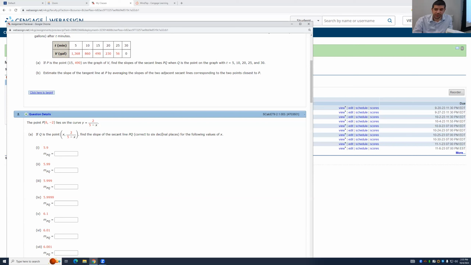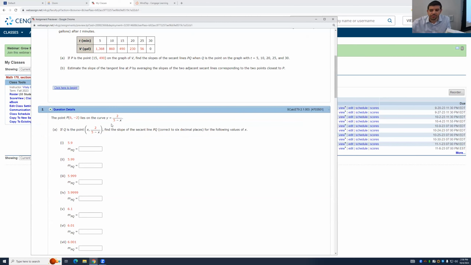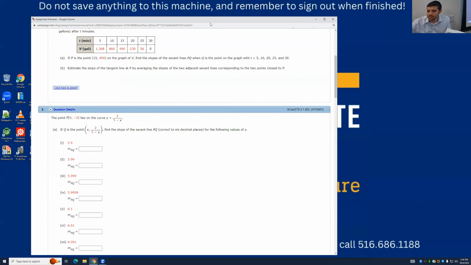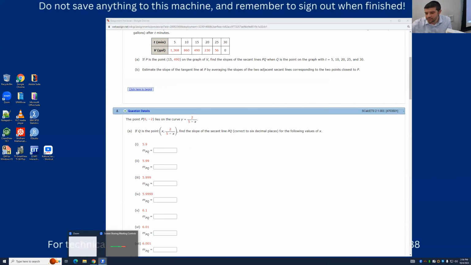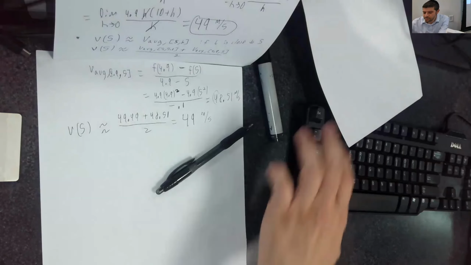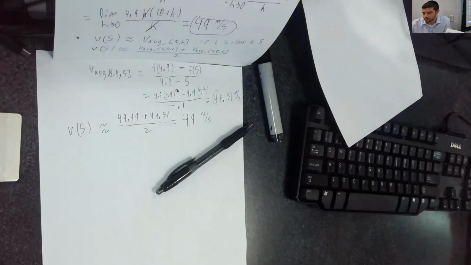So I did this example, except my function was x squared. It made it a lot easier, but I was confused with the fraction. Yeah, the fraction means you're plugging it into this function. I'll show you guys in a second. So for this example, right here, exact same thing.